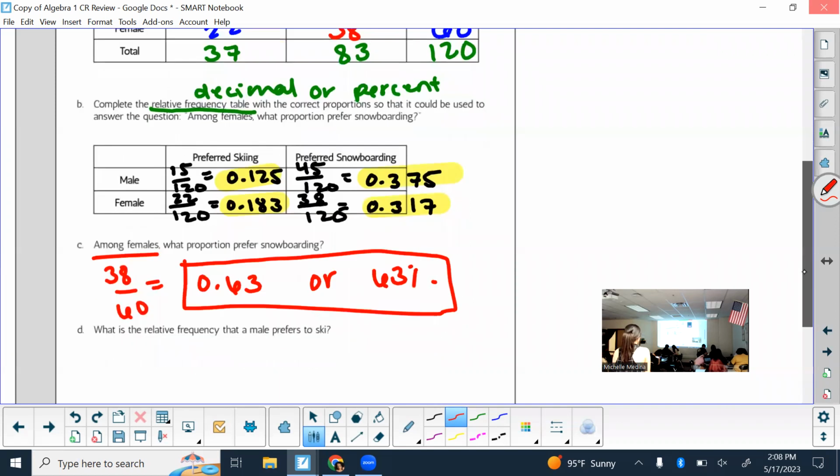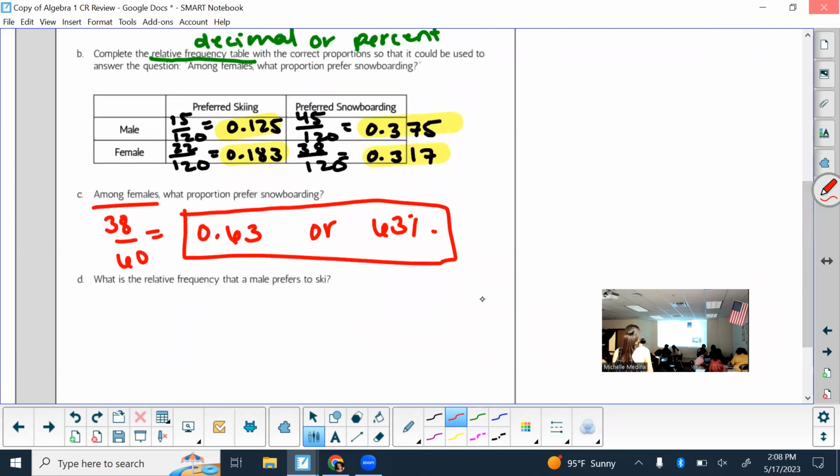Questions on that? Okay, so then what is the relative frequency that a male prefers to ski? So does it say out of a certain type of people? So then what is my denominator going to be for that one? 120.